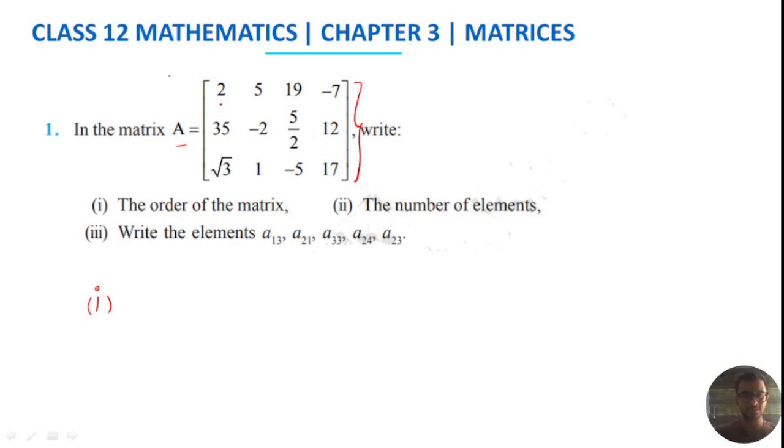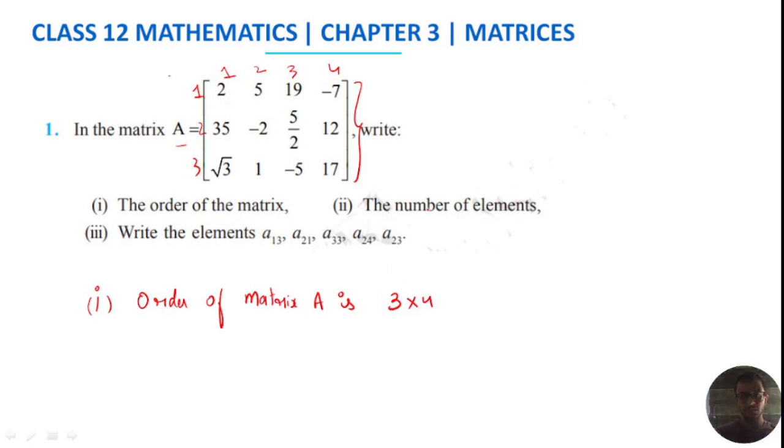As you can see, in this matrix A, the number of rows are 1, 2 and 3 and the number of columns are 1, 2, 3 and 4. So the order of matrix A is 3 cross 4, right? So we got the order of the matrix. The first question is done.